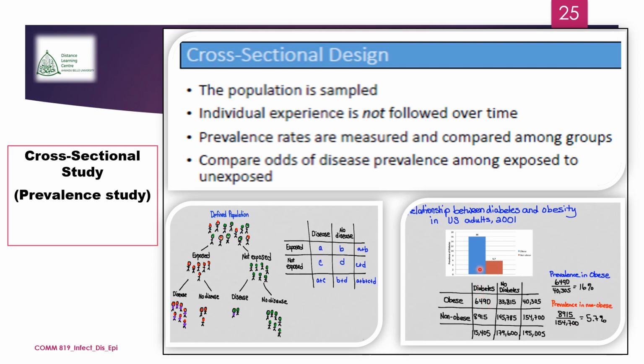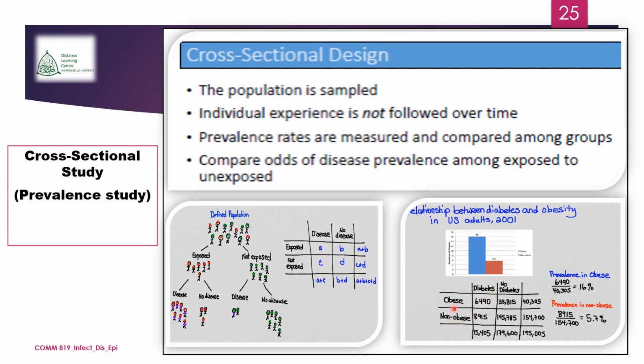Based on the prevalence study, you observe that those that are obese usually have higher prevalence of diabetes in comparison to non-obese individuals. But to actually test whether this hypothesis is true, you have to collect a random sample from the same location.